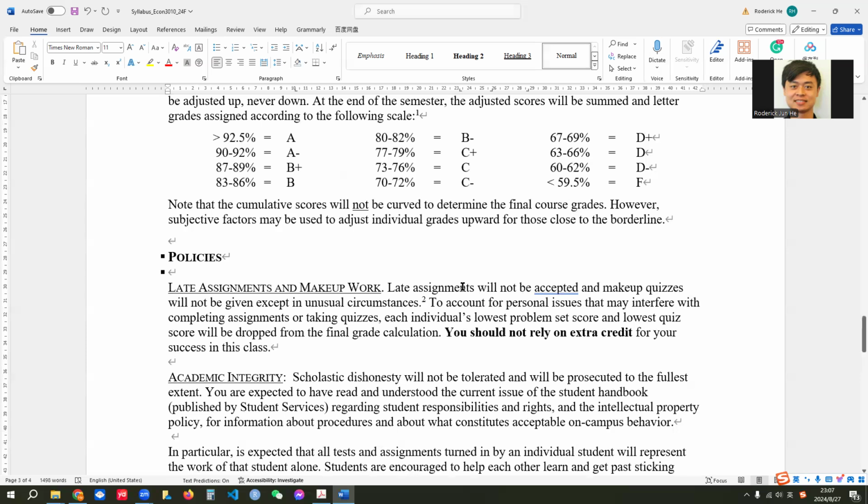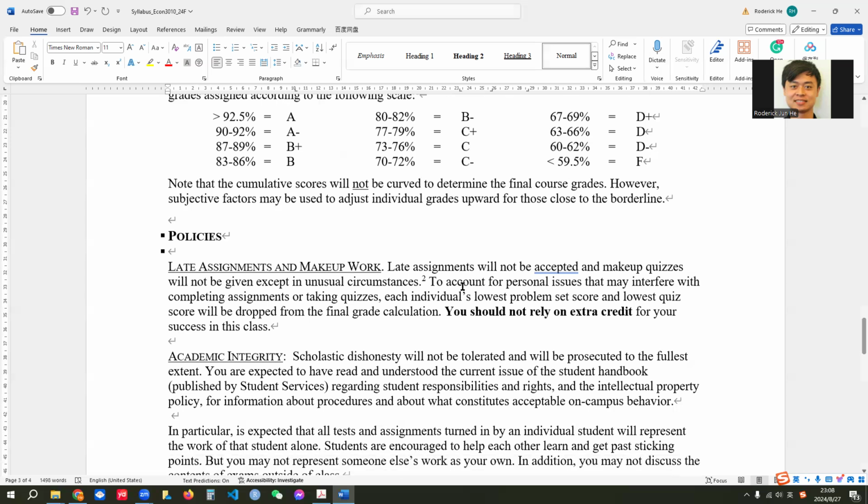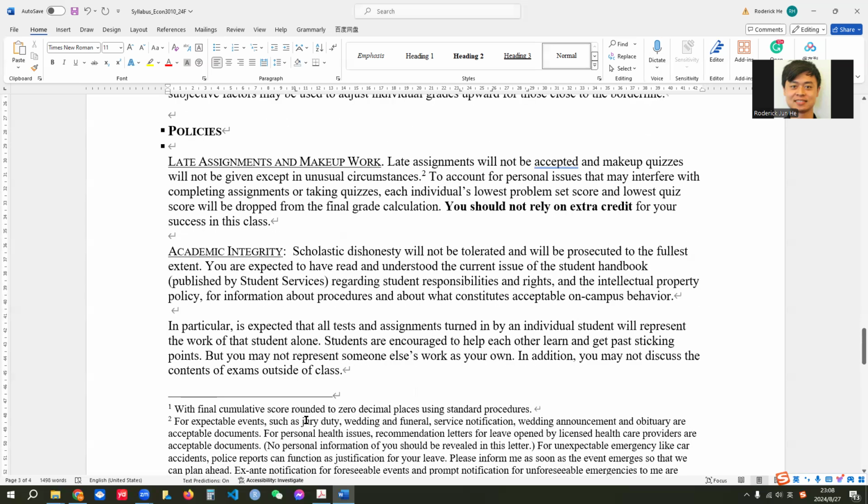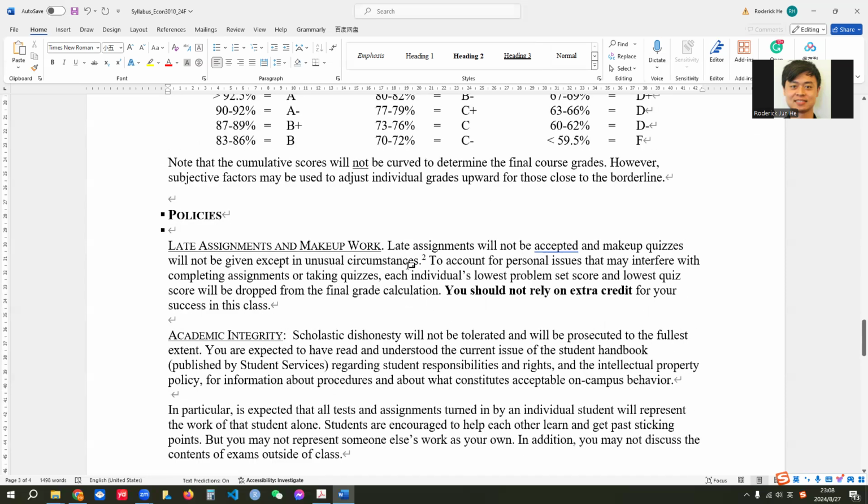Late assignments will not be accepted, and especially makeup exams will not be accepted unless you present excuses that can be supported by documents. I'm sorry, that's required by university policy. But other than that, I will do my best to accommodate your needs.